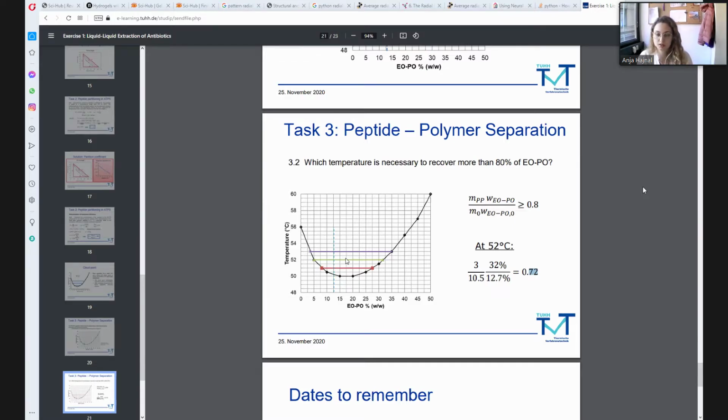Here the chosen temperature wasn't appropriate, because it allows us to recover only 72%, so it doesn't fulfill the specification that we have. If we give something like this, we would formulate it differently, so you don't have to do the same calculation over and over again and search for the point. I think it's a bit of a waste of time. We want to test how well you understand and know, and not just make you write a lot. Yes, ma'am. Now it is clear. Thank you. You're welcome.